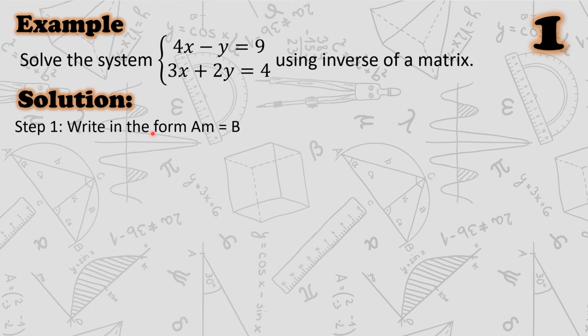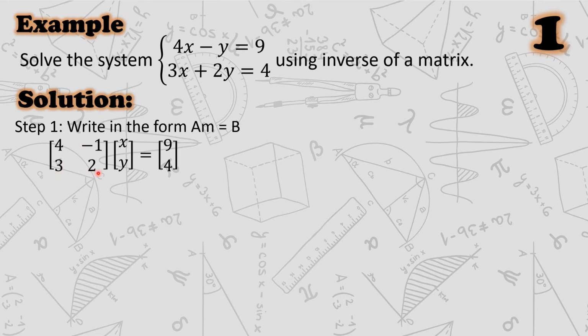Step 1, we write in the form AM equals B, where A is the coefficient matrix, M is the variable matrix, and B is the constant matrix. In here, M and B are column matrices. So we have the coefficient matrix from the two equations, 4, negative 1, 3, 2.